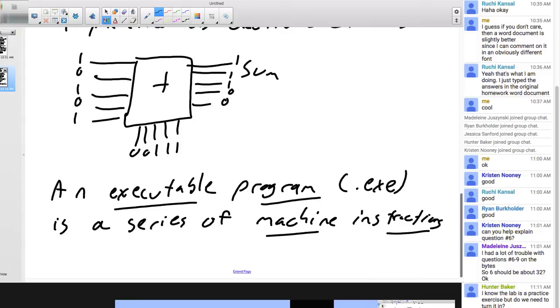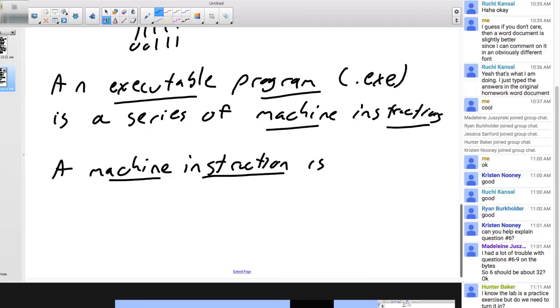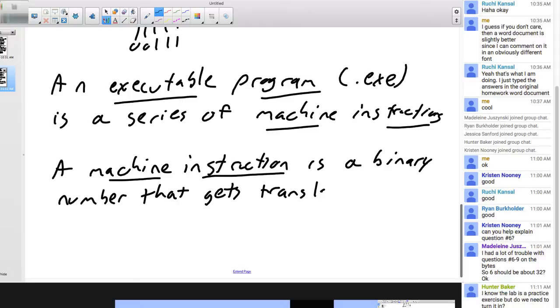A machine instruction is basically a binary number that gets translated into a command for a circuit to do something.